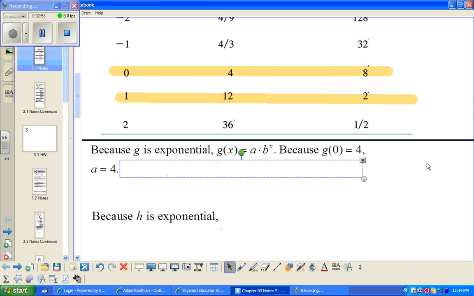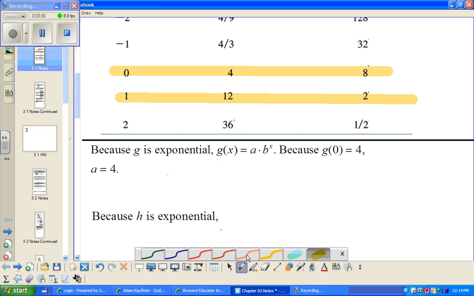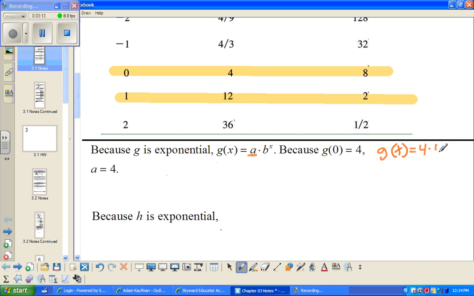Since we already know the a value is 4, we can plug that in for a. Now, we know g of x equals 4 times some number raised to the x. Well, now you just need to take another value.